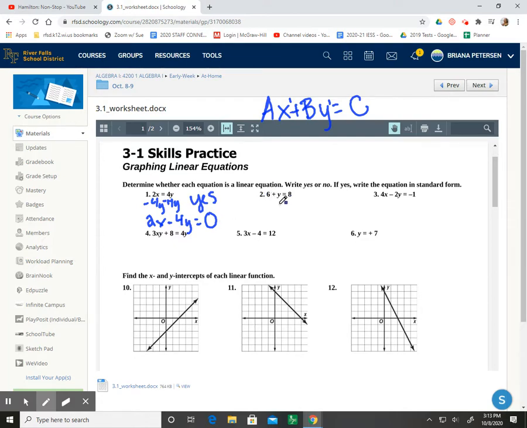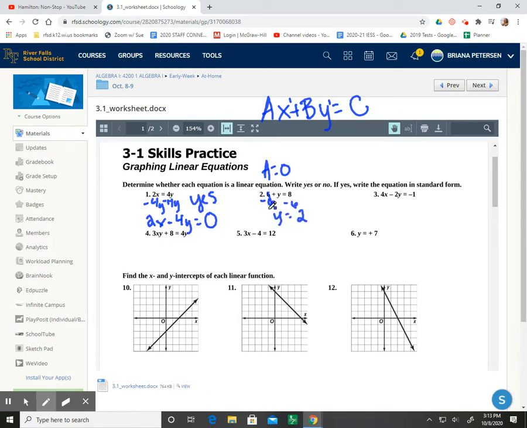All right, number 2. I have a y on one side and it looks like I don't have any x's. That would mean that a would equal 0, because 0 times x is 0. But I got a number on both sides. Can I move that 6 over here? Yeah, I just subtract 6 from both sides, and I'm left with y equals 2.